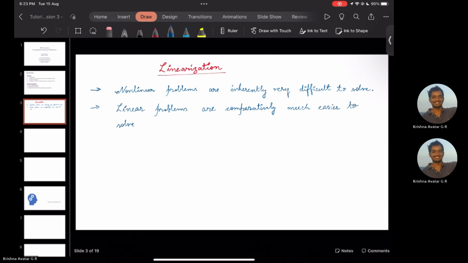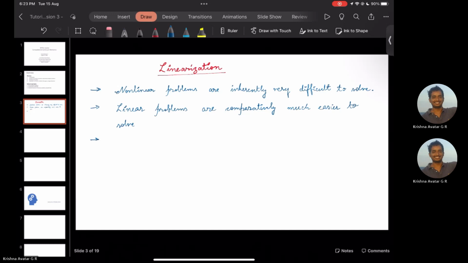Now, in order to use all the advantages that a linear problem carries, we try to formulate the nonlinear problem as a linear problem, by this technique called linearization.